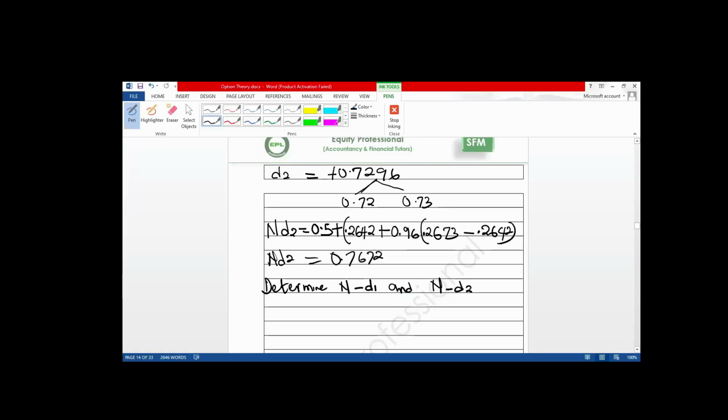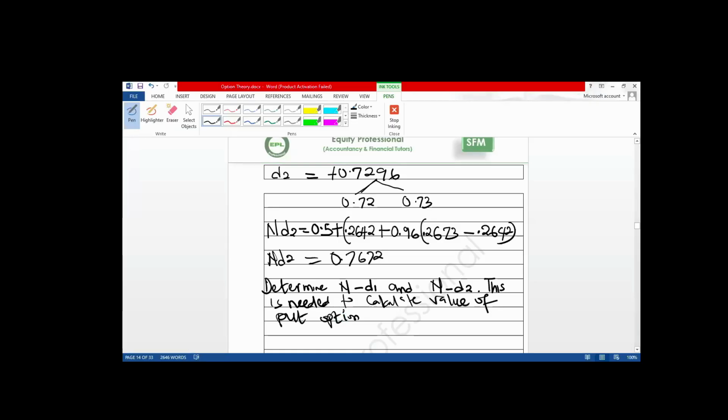Please note, this working is only required if you are to calculate put price. This is needed to calculate the value of put option.